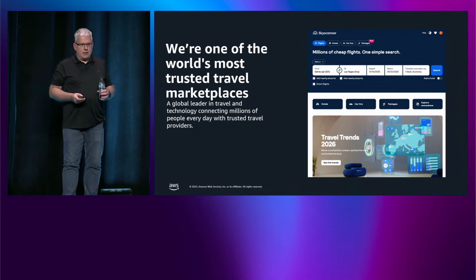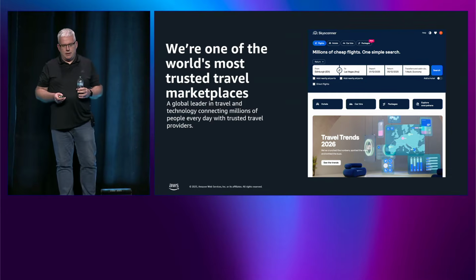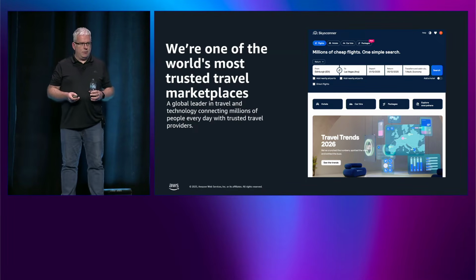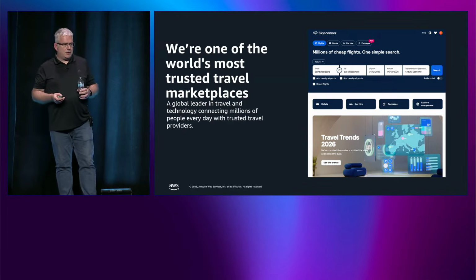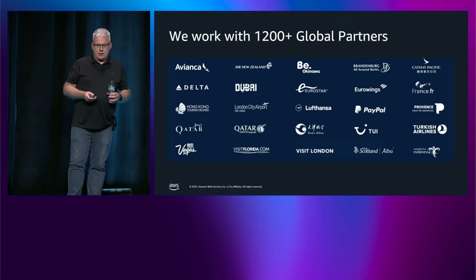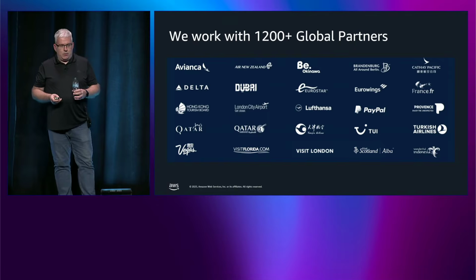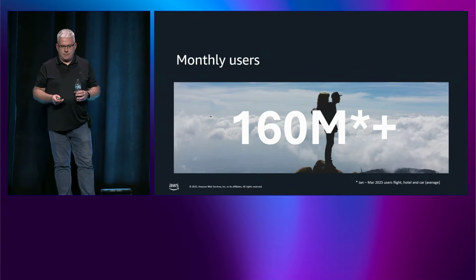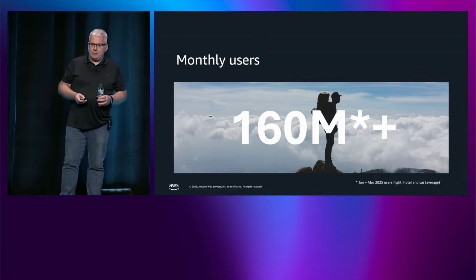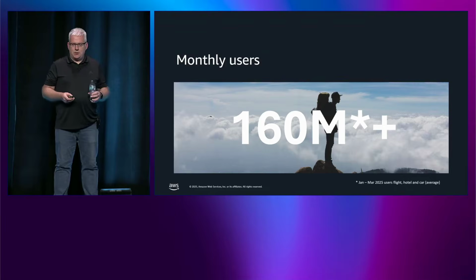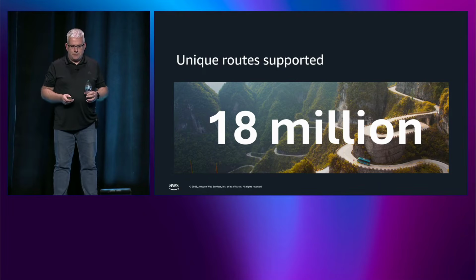Skyscanner is a global trusted travel marketplace. We bring millions of people to trusted partners every day for flights, car hire, hotels, and package search. We work with over 1,200 global partners. You'll see Visit Las Vegas is one of them. At the start of this year, we had 160 million monthly users, and it's grown considerably over the course of this year.